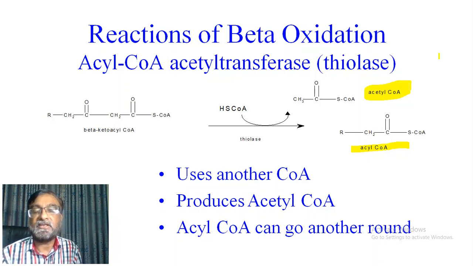If you started with 18 carbon fatty acyl, it will be 16 carbon acyl CoA. This acyl CoA will go through another beta oxidation reaction for energy production.